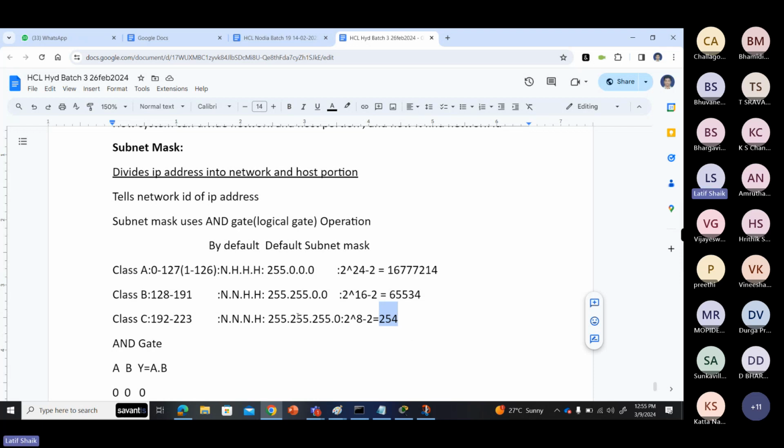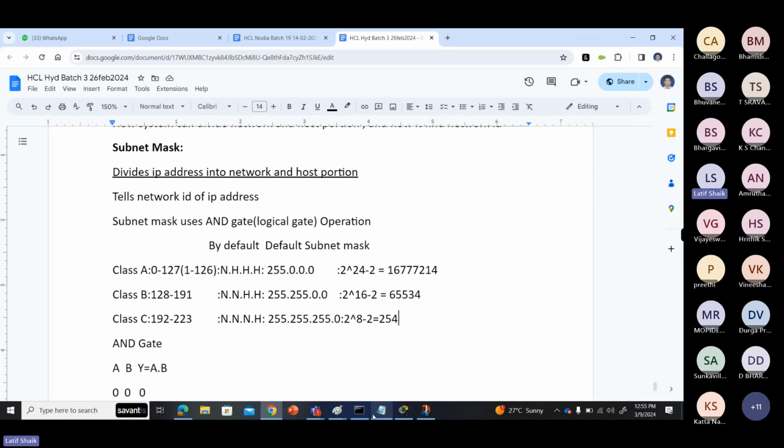Class B has the first two portions as network and the remaining as host portions. Two host portions means two octets, 8 plus 8, 16, so 65,534 hosts in the same logical network can be connected in a single network.